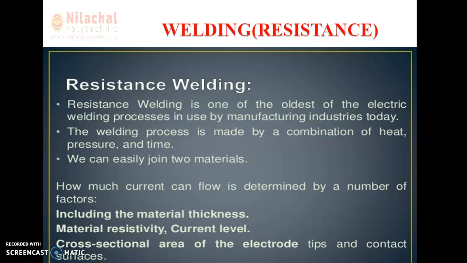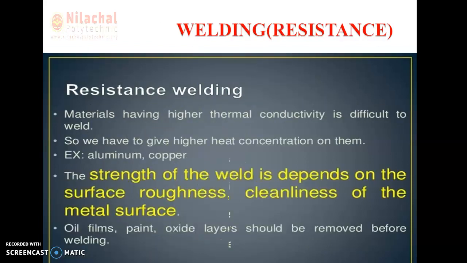Number two, material resistivity, how much resistivity the material has. Number three, current level, what is the current value. Last, the cross-sectional area of the electrode tips and contact surface. So these are the factors which play a vital role in the resistance welding process.